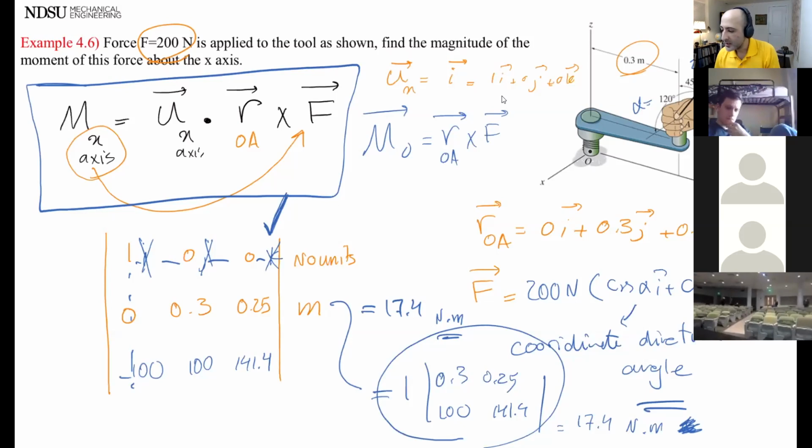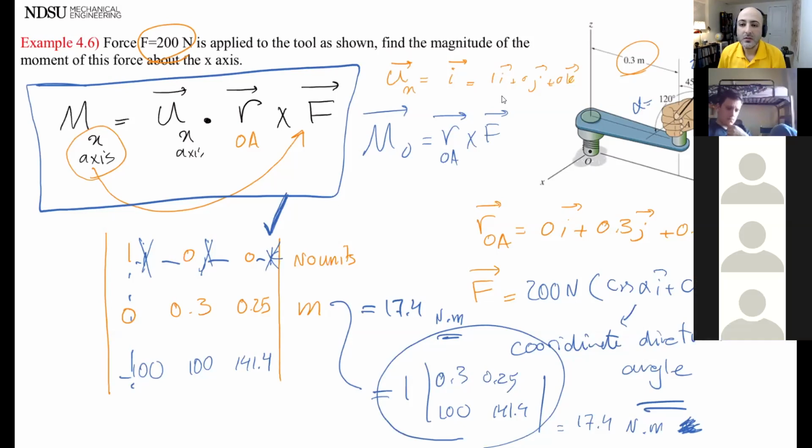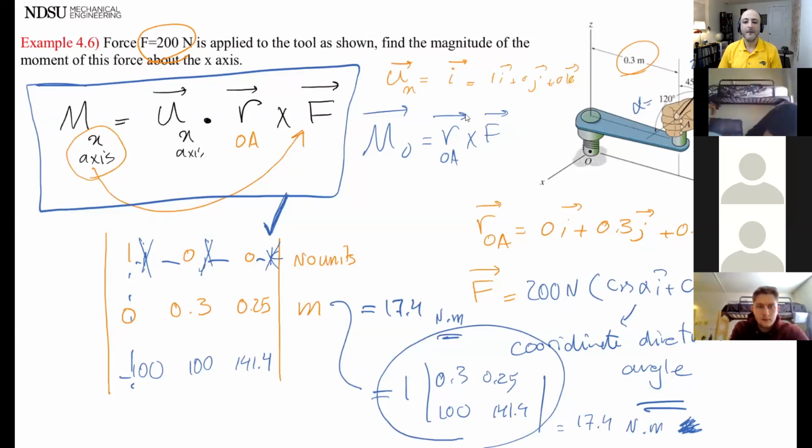I have a quick question. Sure. When we're finding this moment about an axis, like the axis X per se, would it be instantaneous, like as soon as you start moving it, wouldn't the axis change? So is that force only for that instantaneous, little movement, right when we find that? Yes. Again, we are dealing with statics, right? So our assumption is nothing is moving yet.